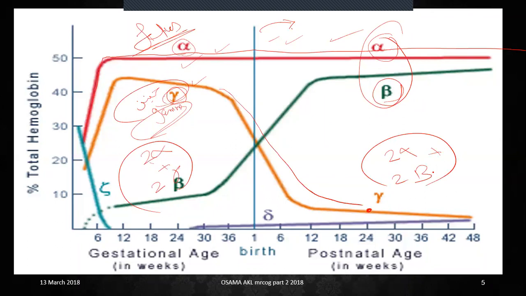That's why after birth, there is destruction of the fetal RBCs. This is one of the causes responsible for neonatal jaundice. So gradually, we are replacing fetal RBCs to become adult RBCs containing beta subunits.